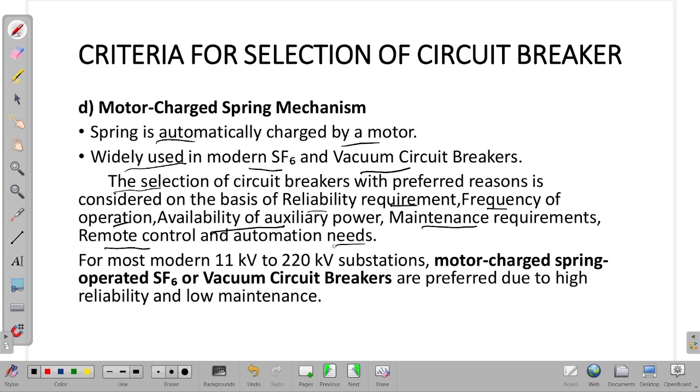On this basis, we can select the proper mechanism. For most modern 11 kV to 220 kV substations, motor charged SF6 or vacuum circuit breakers are preferred due to high reliability and low maintenance.